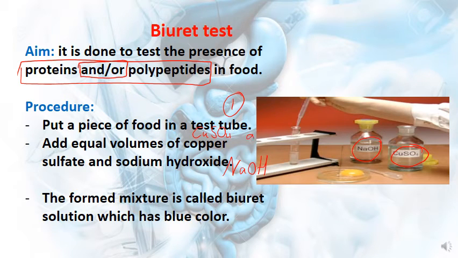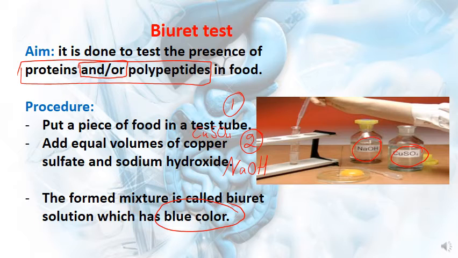So number 1, put a piece of food in a test tube, number 2, add equal volumes of copper sulfate, CuSO4, and sodium hydroxide, NaOH. The mixture is called Biuret solution, which has a blue color. So this test is done to identify the presence of proteins and/or polypeptides.